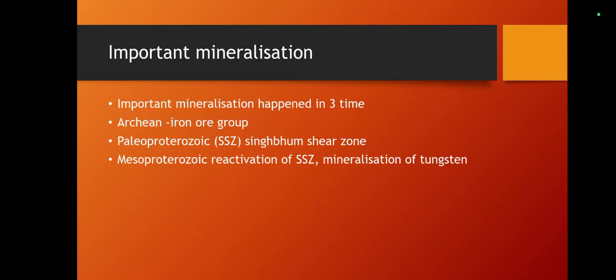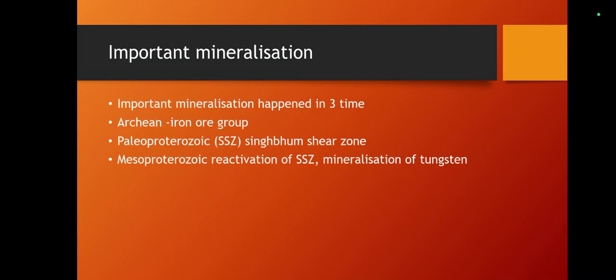In Singhbhum shear zone, you can see the very important uranium deposit, that is your Jadeguda formation, and in Archean group you can see the iron ore group, which is banded iron formation, which is formed in a sedimentary basin by the deposition of iron in the basin.